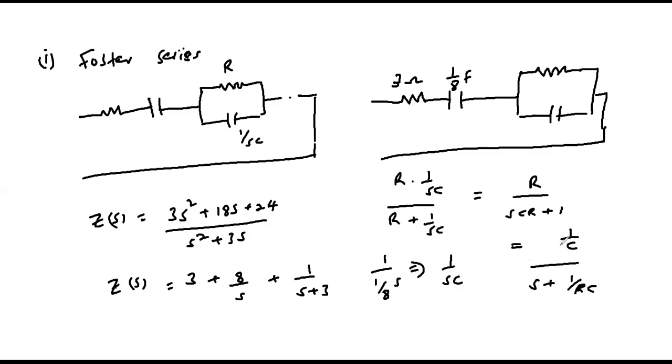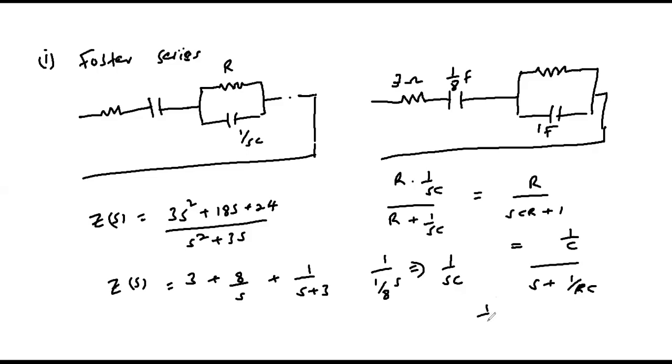In this, if we compare our resistor capacitor parallel combination with 1 over s plus 3, we notice that 1 over C will be equal to 1, from which our capacitance will be 1 farad.